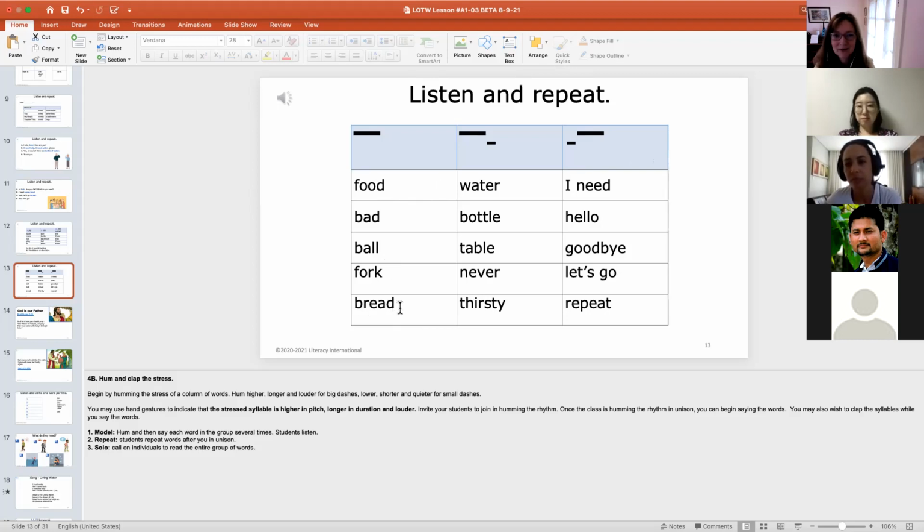So with the word bread, many people want to pronounce it as bre-ad with 2 syllables. Or even the word food, they'll pronounce it fo-ode with 2 syllables. So we're showing them by these little symbols how many syllables are in the word and which syllable is stressed.